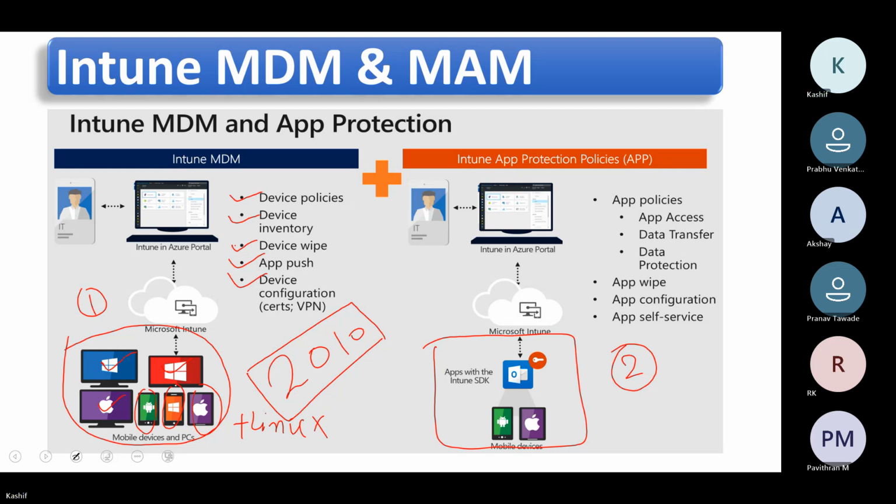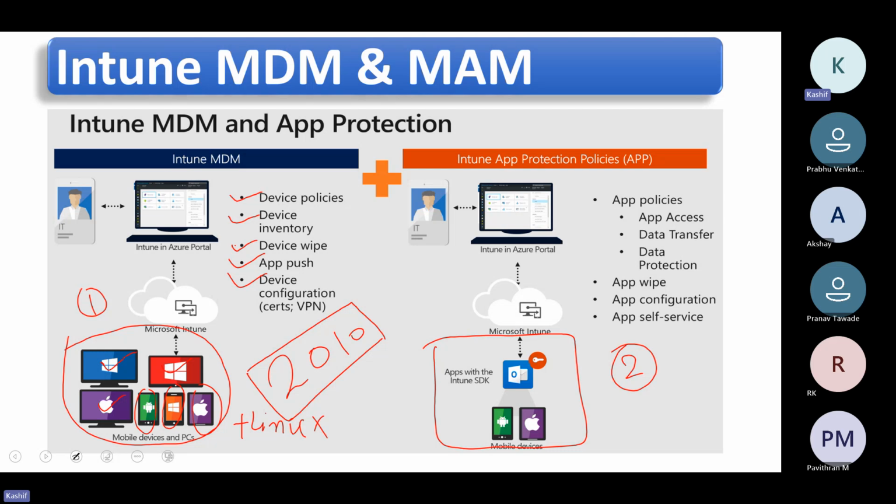But in a nutshell, what we do is we control the device. Whatever policy we would like to deploy on the device, we will be able to do it, right? So we will have complete control on the devices. So that is MDM, mobile device management.